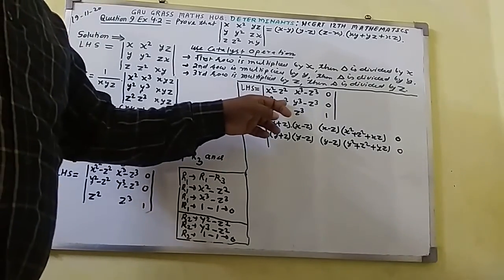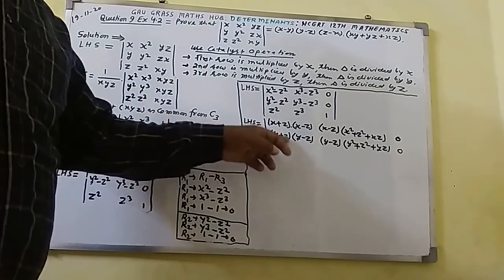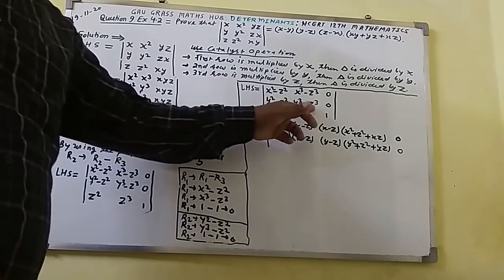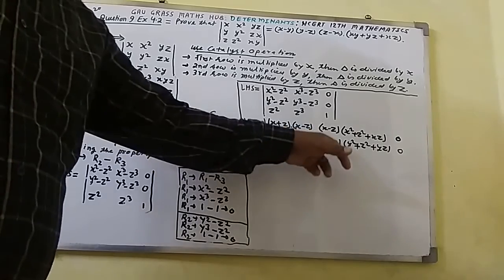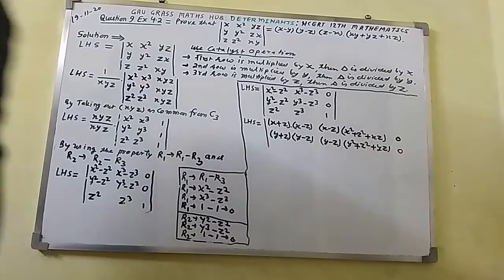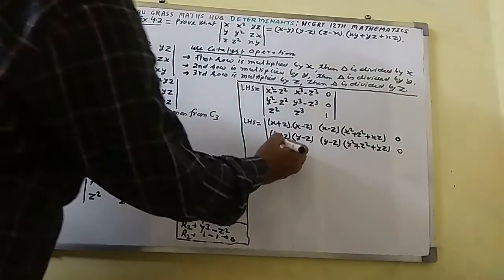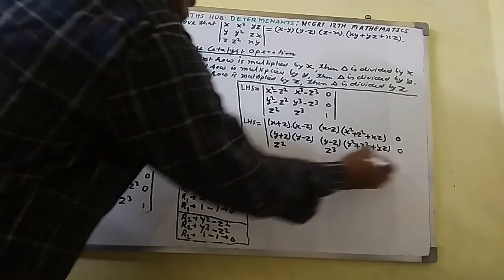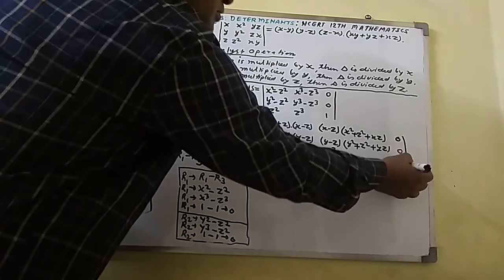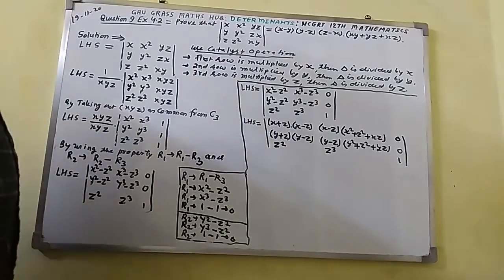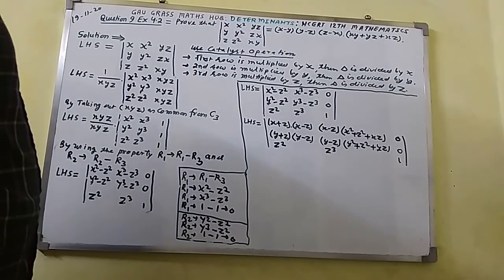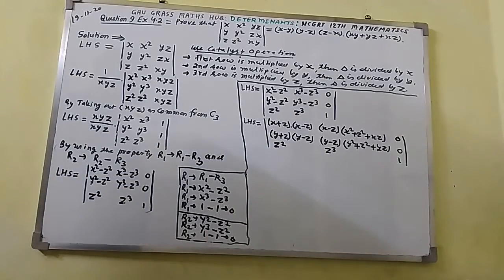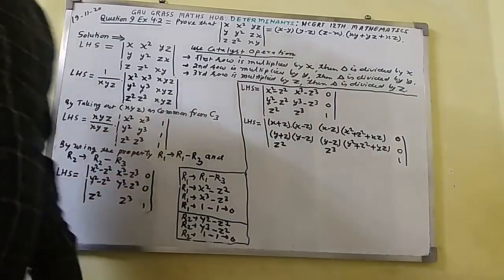Y square minus z square gives y plus z, y minus z. Y cube minus z cube gives y minus z, y square plus z square plus yz. 0 you will get. Here write z square, z cube, 1. This thing you will get. Now what to do here? In this determinant, you can see here the third column.